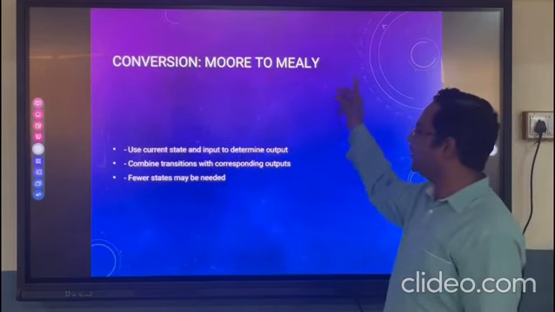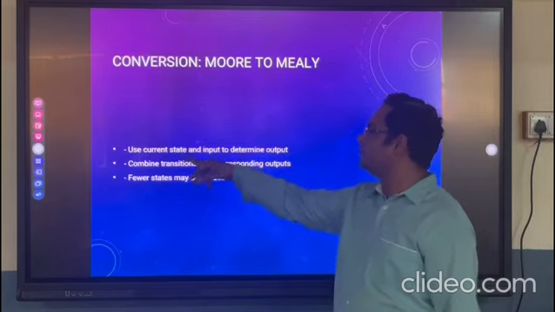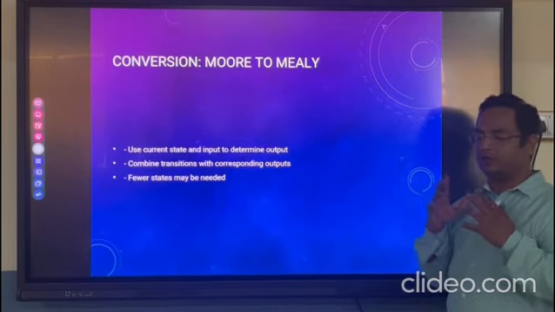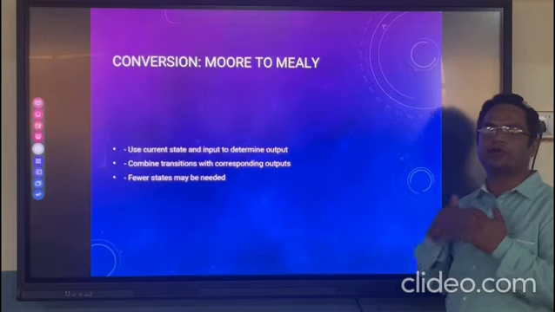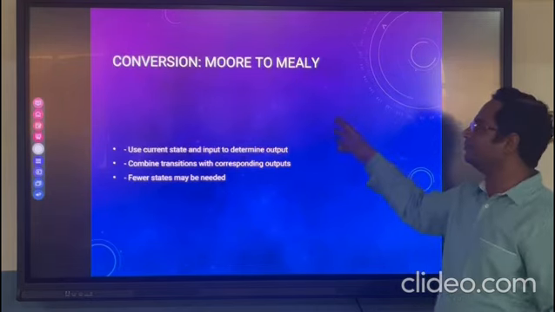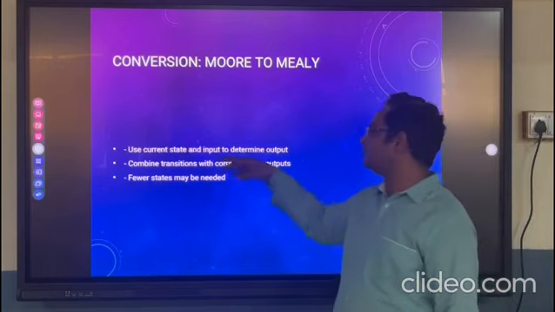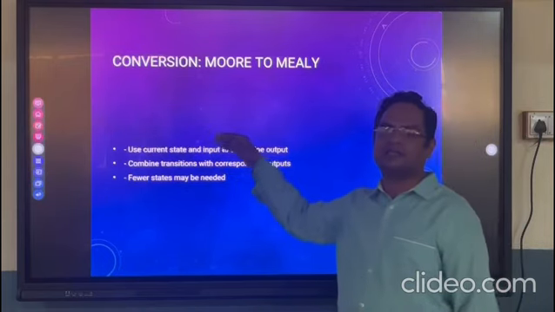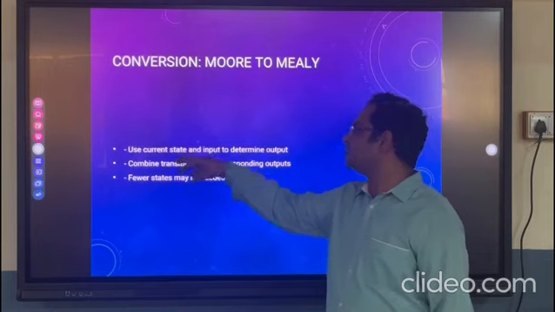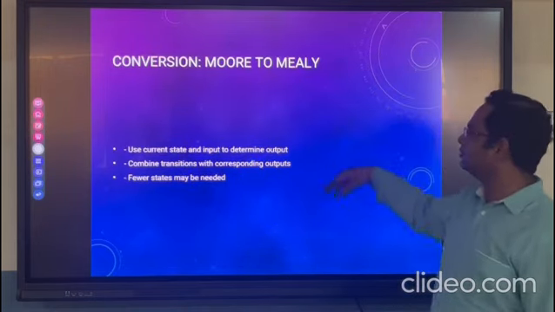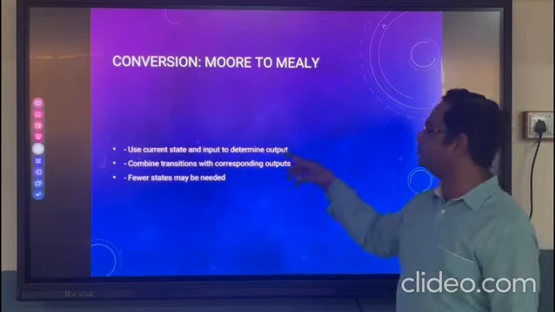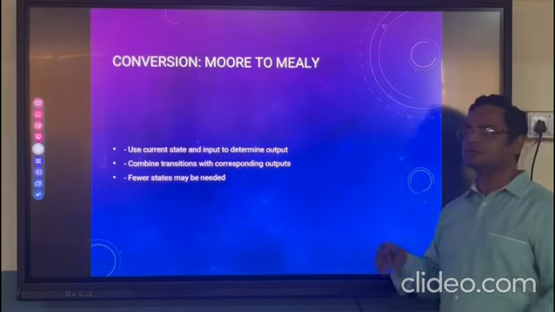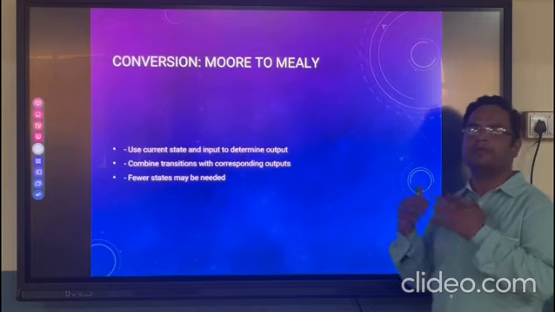Now Moore to Mealy. In that case we use the current state and input to determine the output. To determine the output, we have to know about the current state of the Moore machine, and combine transitions with the corresponding output. In that case if there are dead states or duplicate states, then combined transitions are explained in the Moore to Mealy conversion, and some states need to be changed in cases where on a common input there are multiple states.